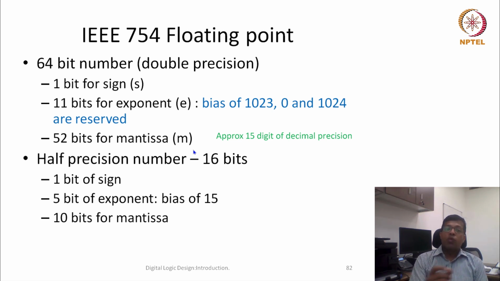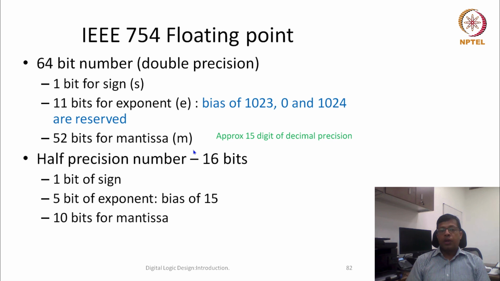In 16 bits, 1 bit is given to sign, 5 bits are given to the exponent with a bias of 15, and 10 bits for the mantissa. The rest of the rules are the same as what we discussed for single precision floating point numbers. Every rule is the same. So for example, here also 31 and 0 exponent are reserved for representing infinity and 0 respectively.